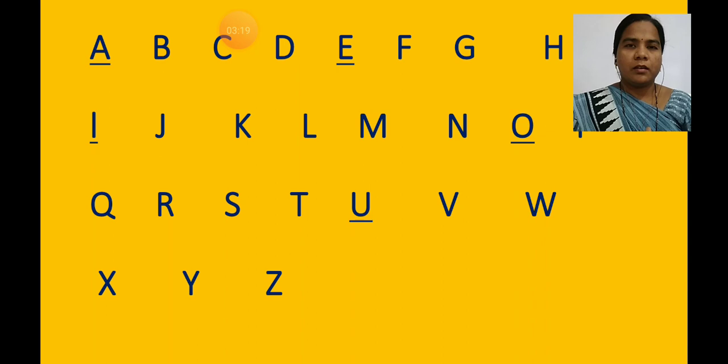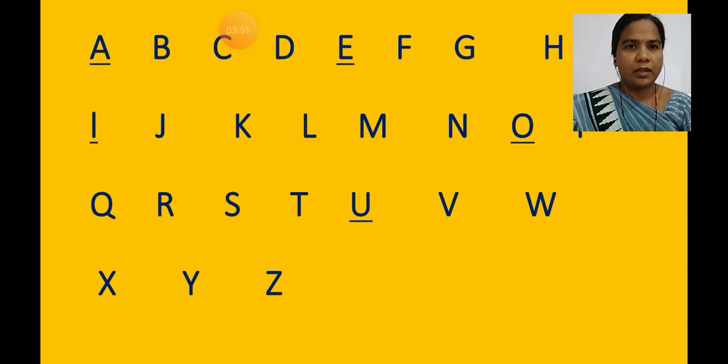So children, if you observe, I have underlined some alphabet letters. Like A, I have underlined the letter A, then E, then I, then O, then U. So children, in total I have underlined 5 letters.